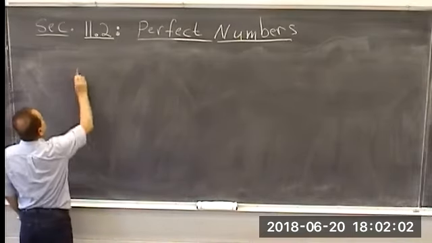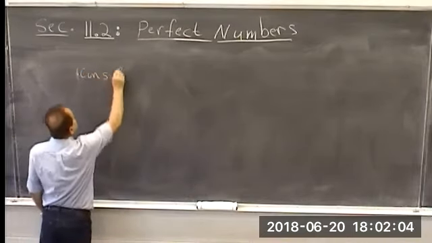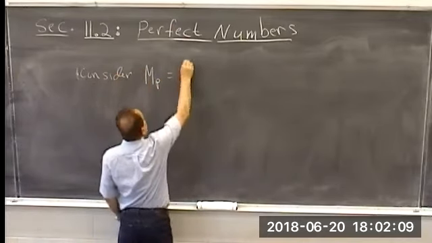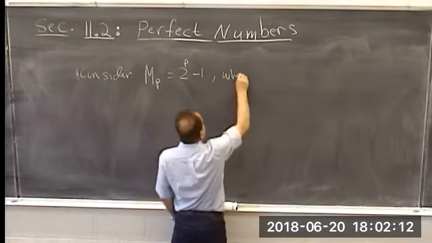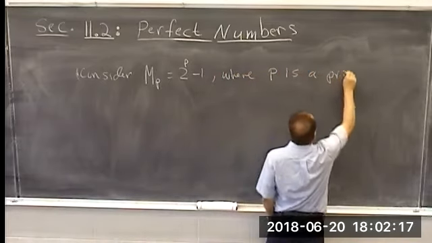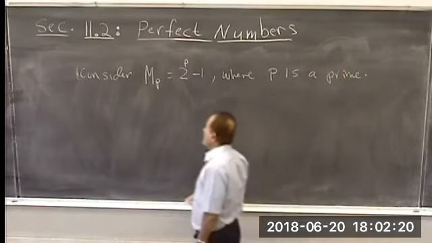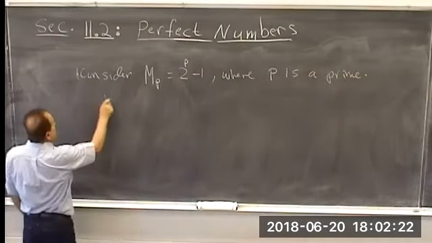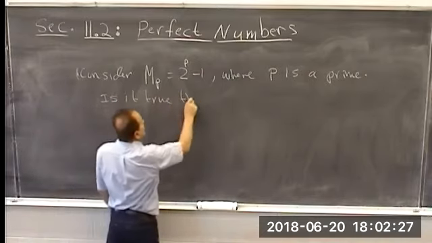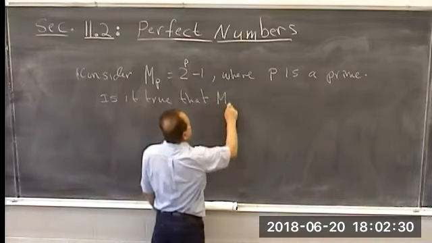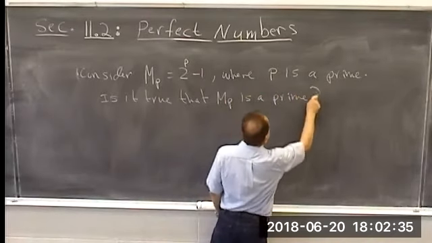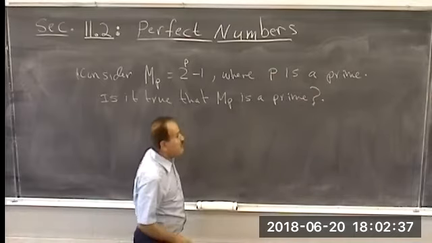Now let's consider M_p equal to 2^p minus 1, where p is a prime. Is it true that M_p is a prime? The answer is no.